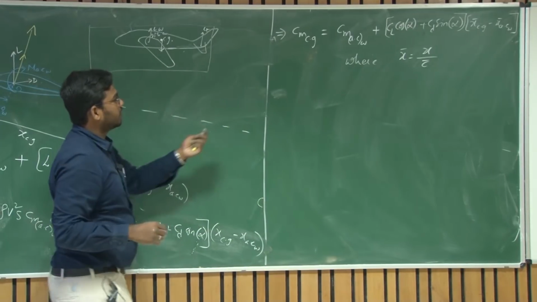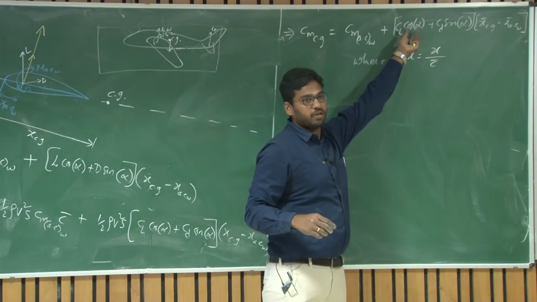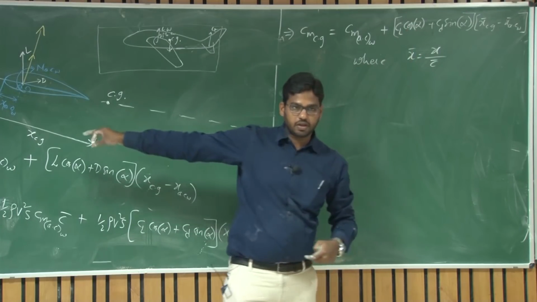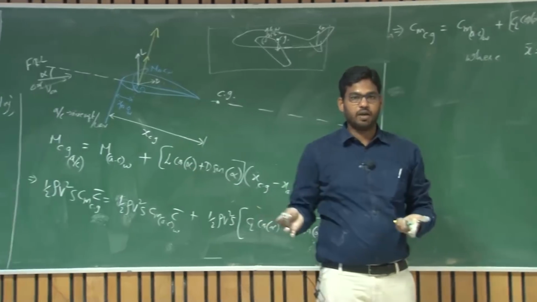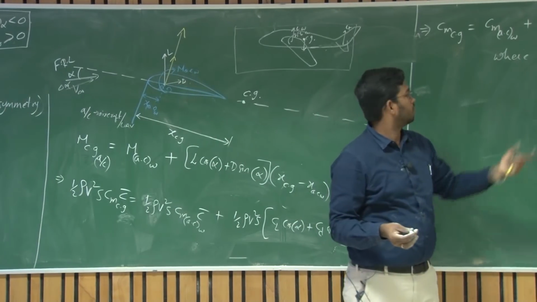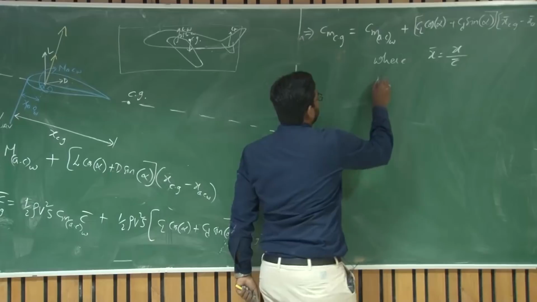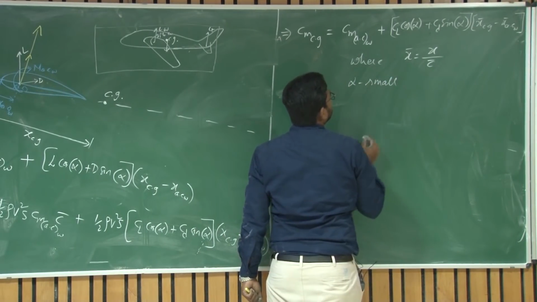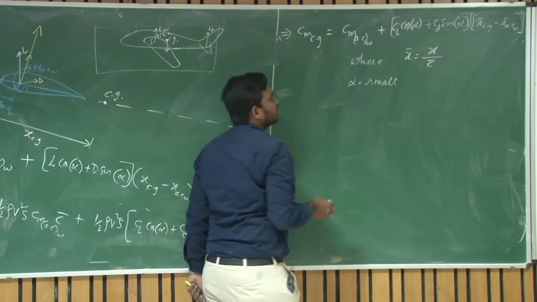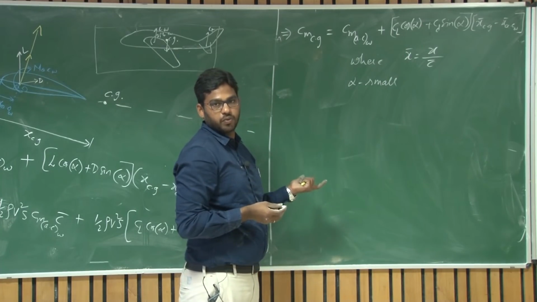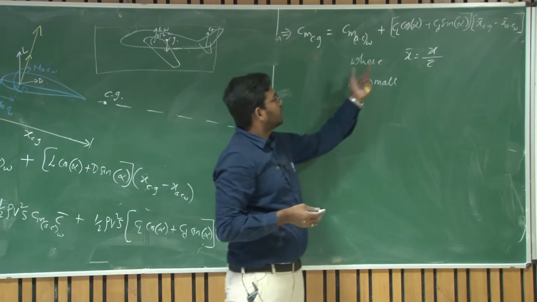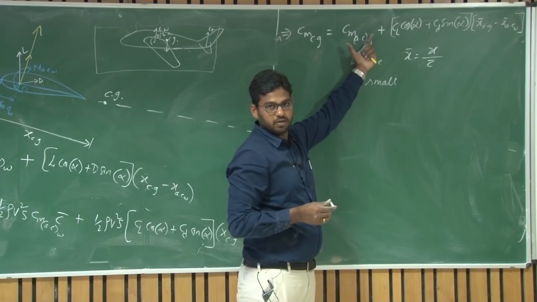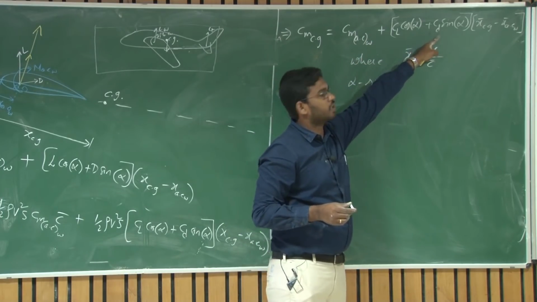So let us say CL is the lift generated due to a perturbed delta alpha. Initially the moment is 0, that's the equilibrium. Now alpha is the perturbed alpha itself, whatever alpha you have. Assuming alpha is small, cos alpha is 1 and sin alpha is alpha, and CD into alpha is further small compared to CL, so you can neglect this particular term.